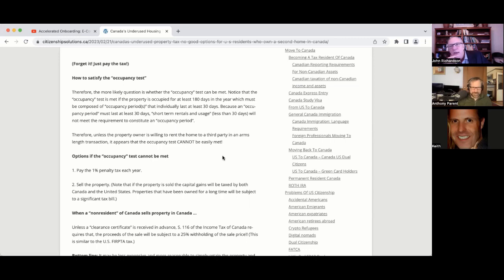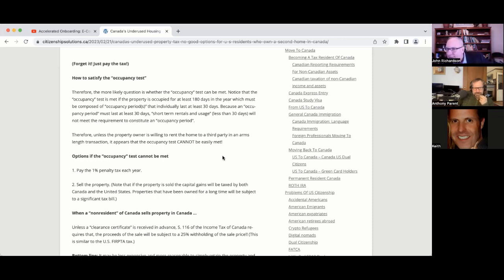So if you're not in the designated area, there are basically two ways to be exempt. The first is if the property is used as a primary residence. Now that sounds cool, right? Oh, it's going to be my primary residence. But the problem, and this is what I'm not seeing in any of the articles, so maybe there's something I'm missing, but I don't think so, is that the people it's affecting are neither Canadian citizens nor permanent residents.